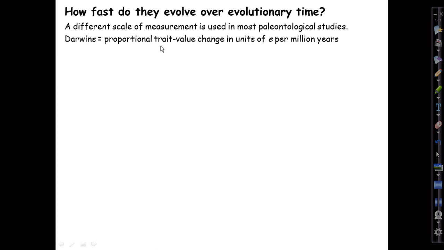It's the proportional trait value change in units of e, that is the base of the natural logarithms, about 2.8, per million years. And it's easy to calculate. One takes the natural log of the trait at time 1 minus the log of the trait at time 2, that difference divided by the time between time 1 and time 2 in millions of years, and you get Darwins.